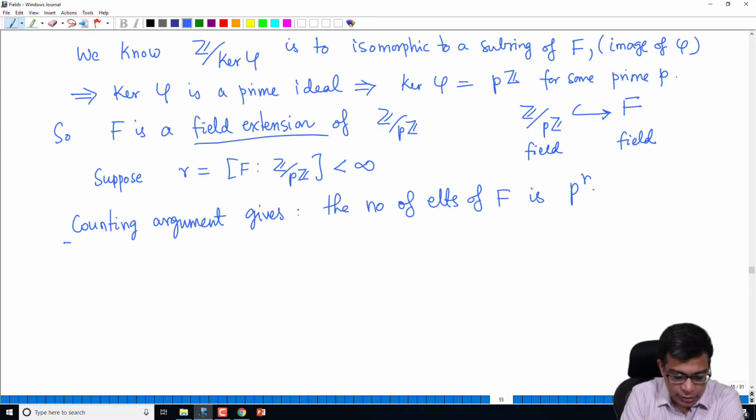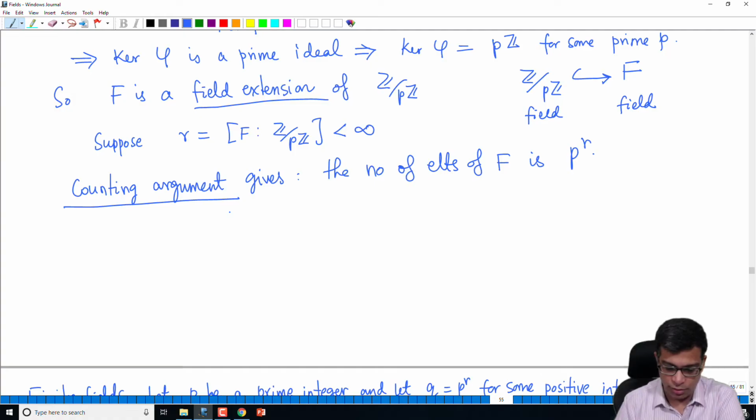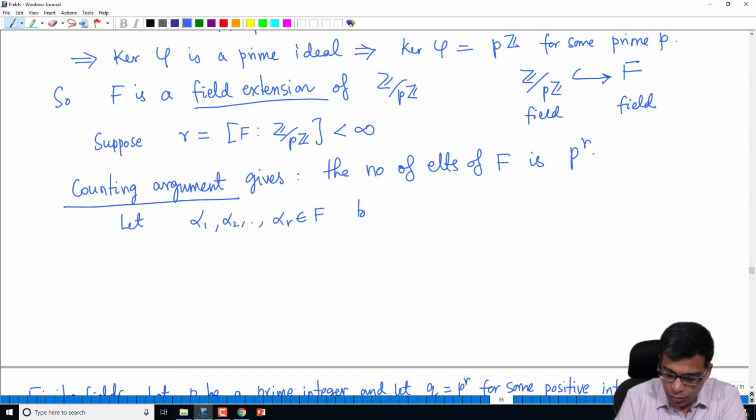And the reason, so this I will not do in detail because this is something that you would have seen, similar arguments you would have seen in other courses. This is because r is the degree of the extension, right? So I will give a sketch of the argument, not the full argument. So let's say alpha 1, alpha 2, alpha r in F be a basis of F over Z mod pZ.